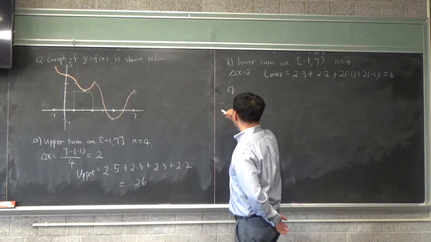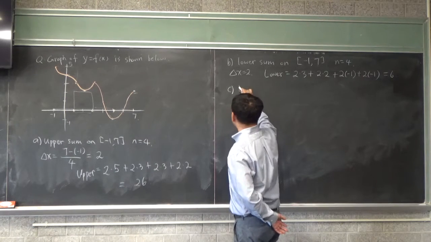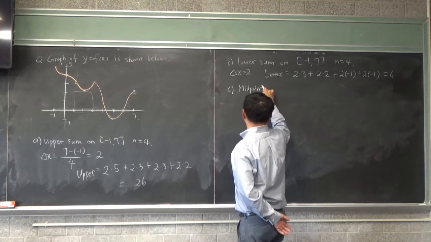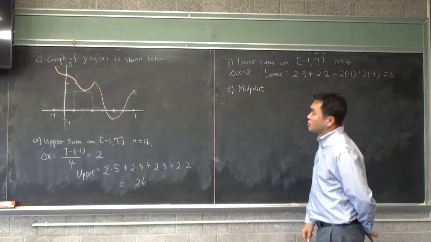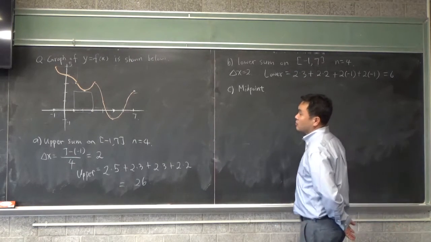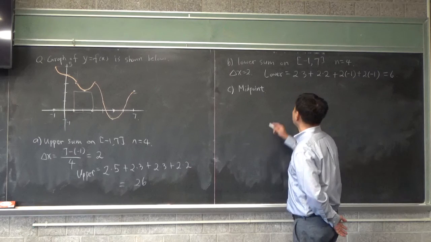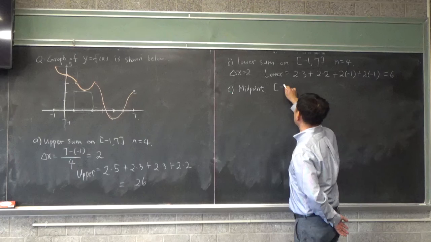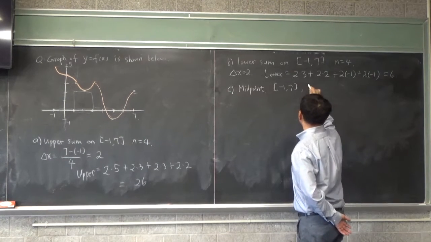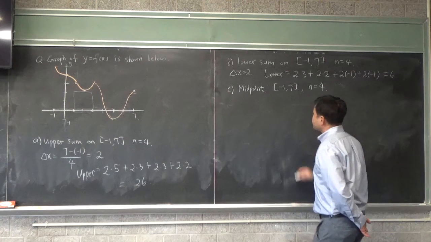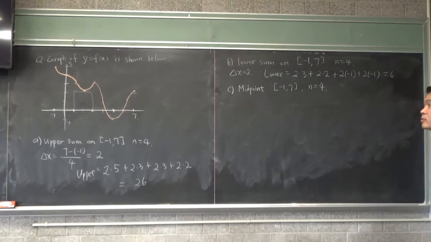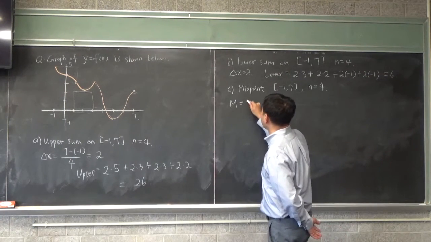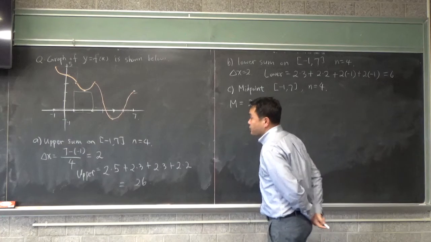Okay, let's just try two more. What if we have midpoint from -1 to 7 with n equals 4? What would that be? It would still be 2 times.